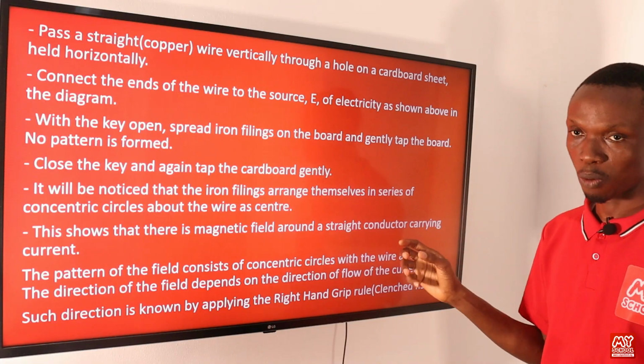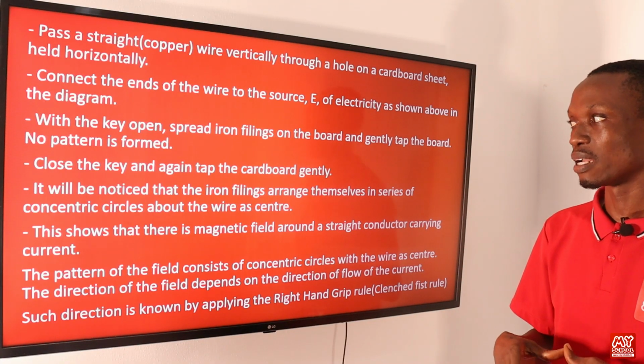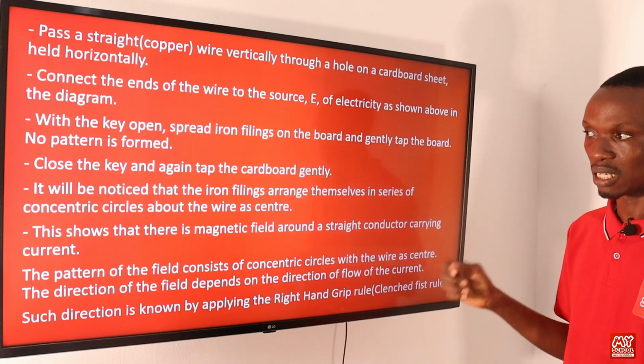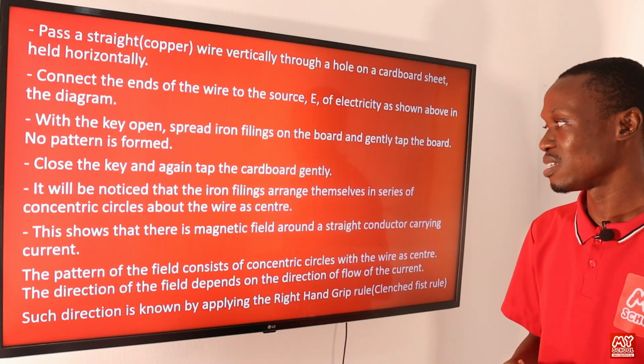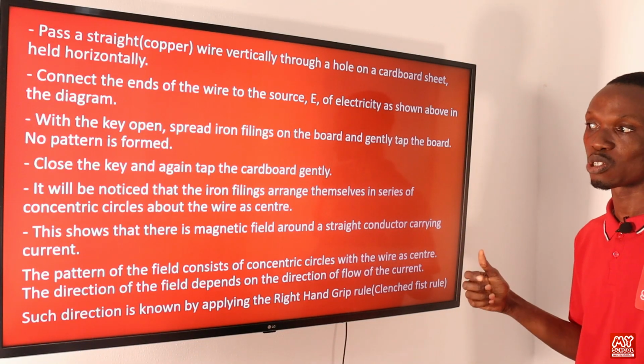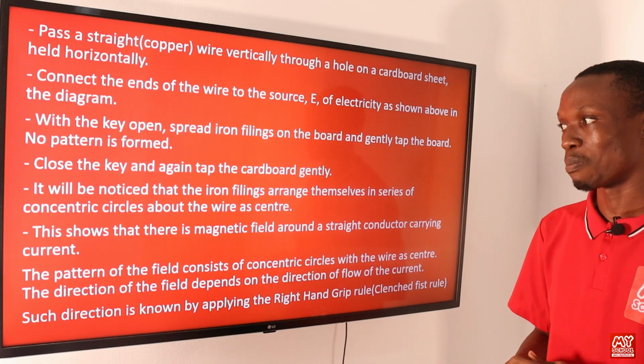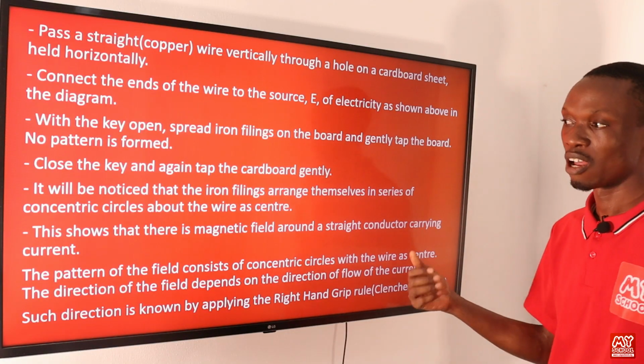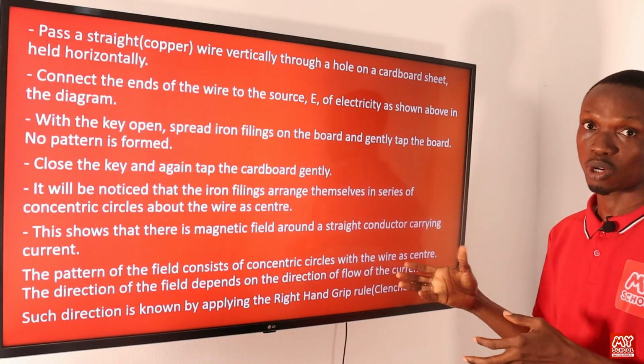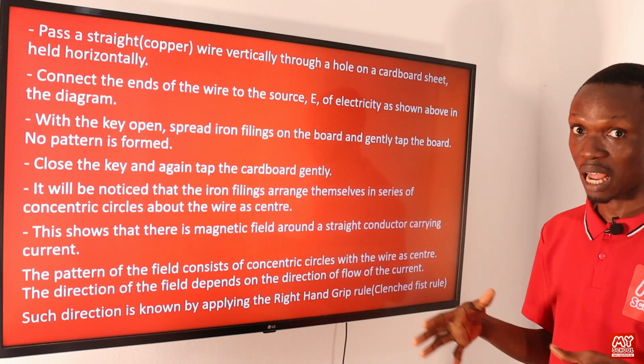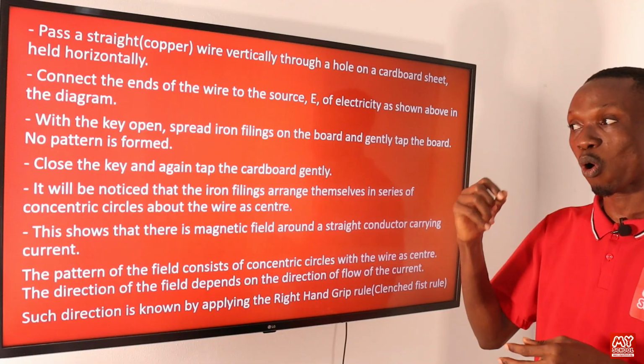No pattern is formed. Then close the key and again tap the cardboard gently. It will be observed that the iron filings arrange themselves in series of concentric circles about the wire as center. When we talk about concentric circles, we are talking about circles of different sizes, but they have a common center.